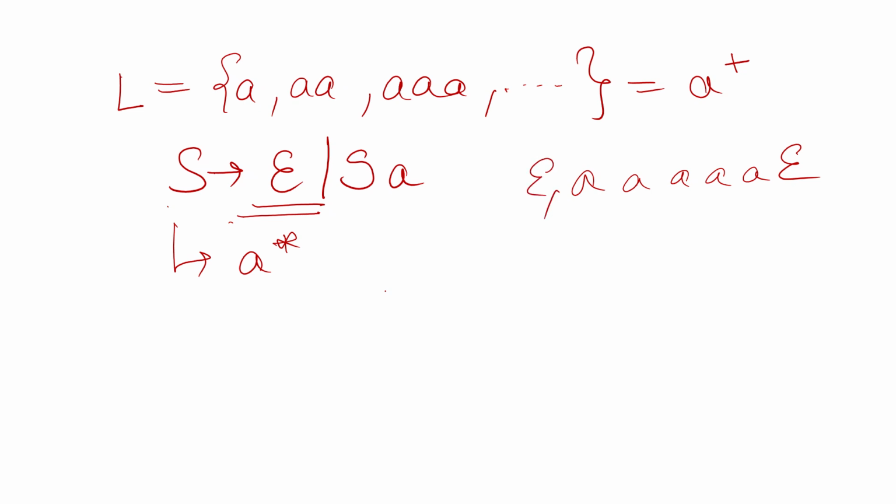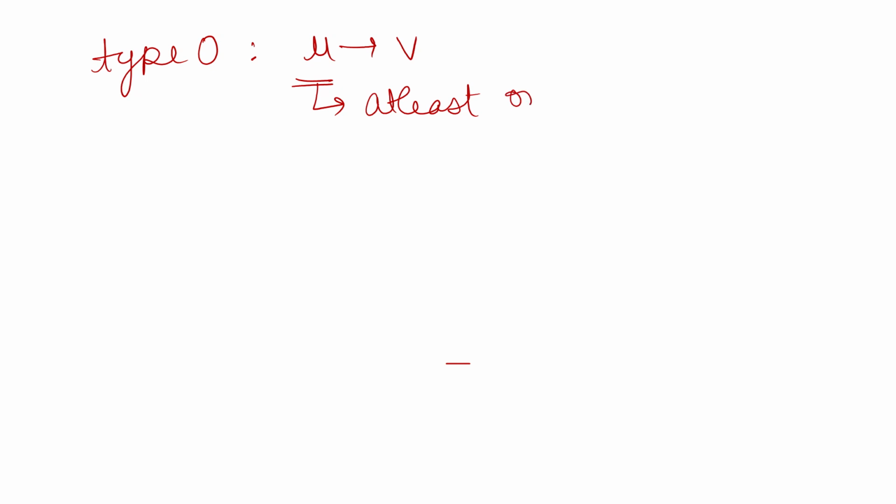Now we have type 0, type 1, type 2, and type 3, which we'll see on our next slide. Type 0 grammar states that U tends to V, where U should contain at least one variable.